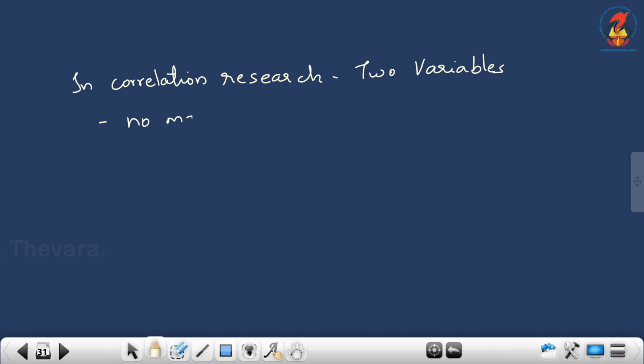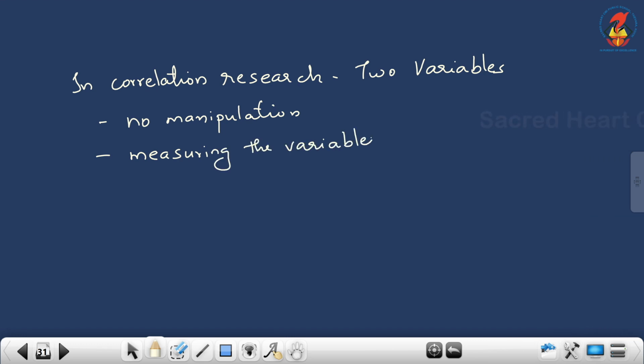No manipulation is done in the variables. We do only measuring of the variables and find the relation between the two variables.